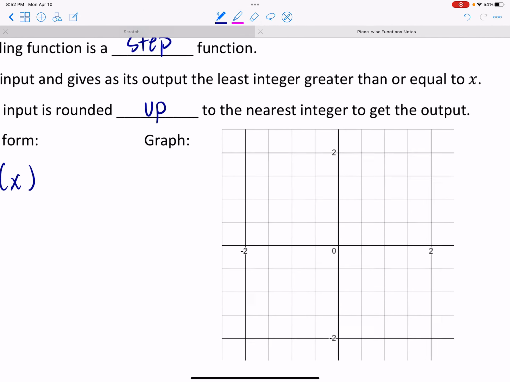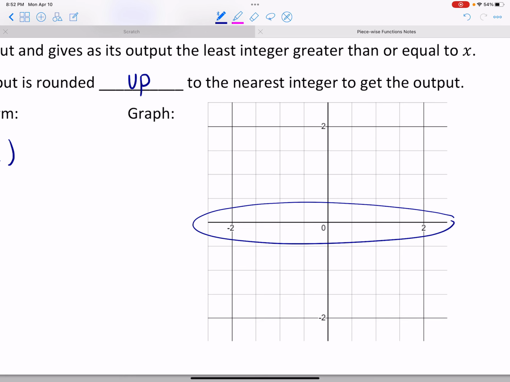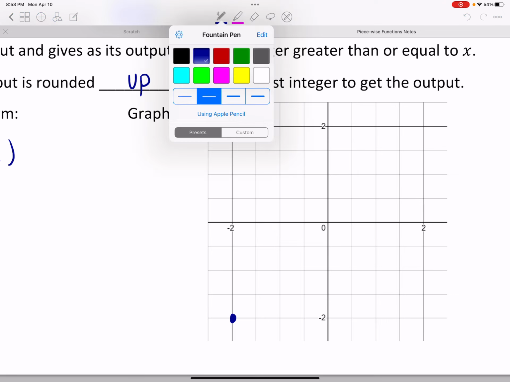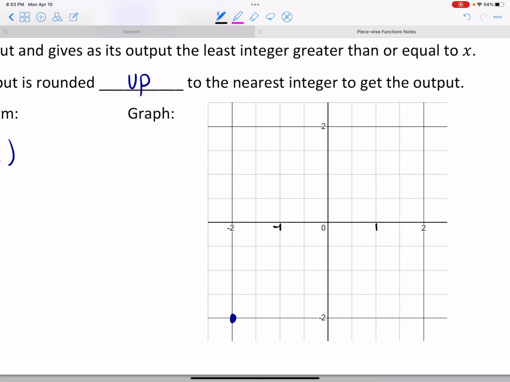So again, let's talk about these as the inputs and what happens when I go to find my output. At -2, I don't have to round. -2 floor or ceiling would be -2. But if I go to, let me fix my axes, -1.5 for my input here, instead of rounding down to -2, -1.5 is now going to round up to -1.